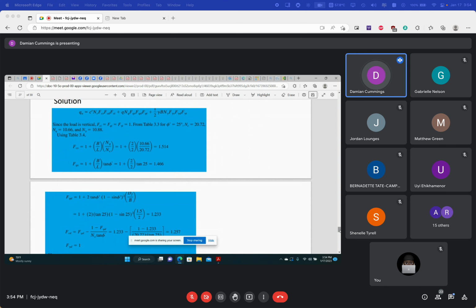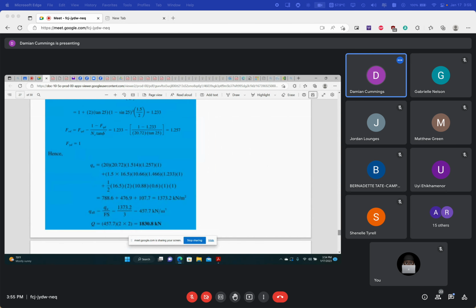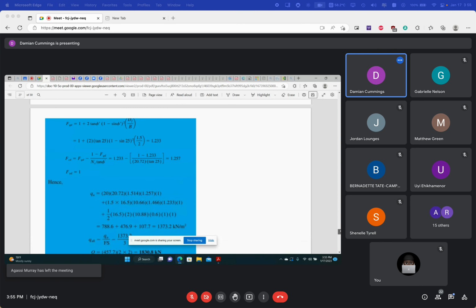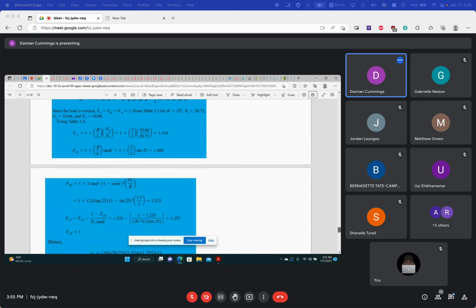In this case, we have an ultimate load carrying capacity of 1,830.8 kilonewtons per meter squared. It's pretty straightforward. It's basically plugging in, calculating the shape factors, depth factors, and inclination factors, and using those in our equation, right?